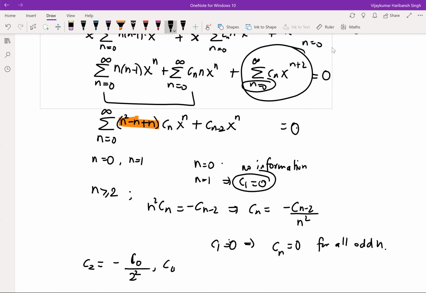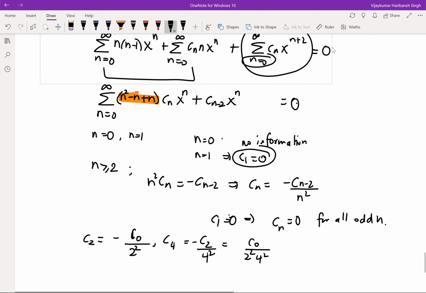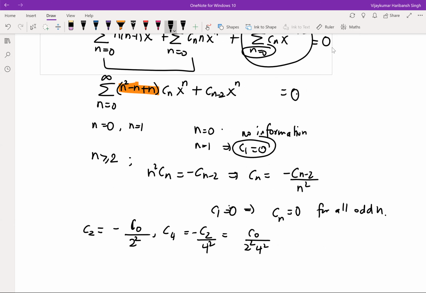We get C4 equals minus C2 by 4 squared, which is going to be C0 by 2 squared, 4 squared. If we observe this pattern, let's look at C6, which is going to be C0 with a minus sign over 2 squared, 4 squared, 6 squared.